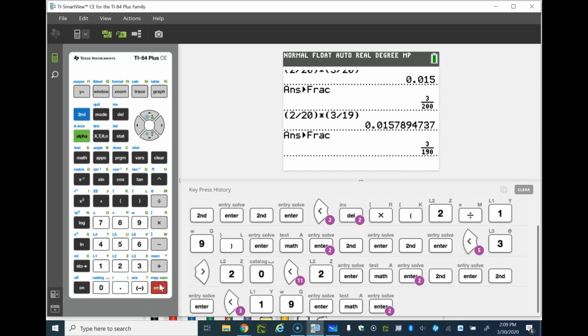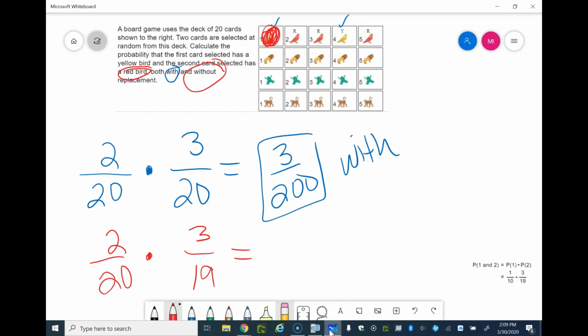Math, enter, and we get 3 out of 190. And this is without replacing. So you can see with replacement, the total actually stays the same. Without replacement, depending on how many times you actually select, it drops down every time you do a trial for the total.